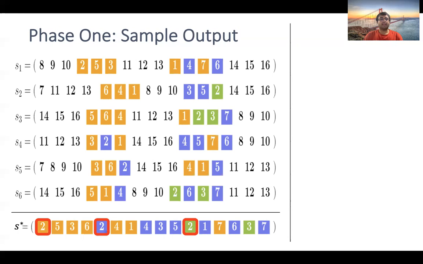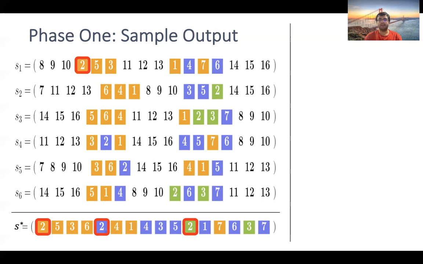We will look at the string S sub I and see what characters were matched to S star. We will color those characters in the same color as the character in S star to which they were matched. The other characters of S sub I will be uncolored.